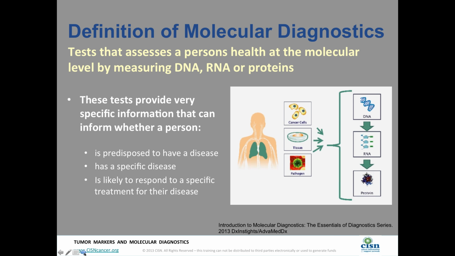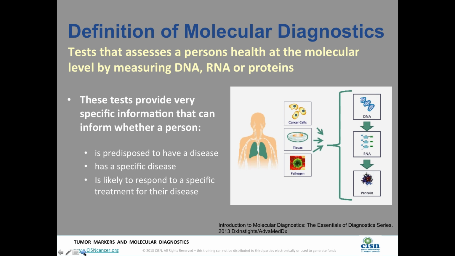If you look at where you're going in the body, you can have cancer cells, you can have tissue that comes out of your body. Oncology is one area in molecular diagnostics. Another area that I'm actually more familiar with is infectious disease diagnosis. I actually have a whole lecture on infectious disease diagnosis by molecular diagnostics, so if you ever want to hear that, I'd be happy to tell you. But those are the areas most commonly used by molecular diagnostics.